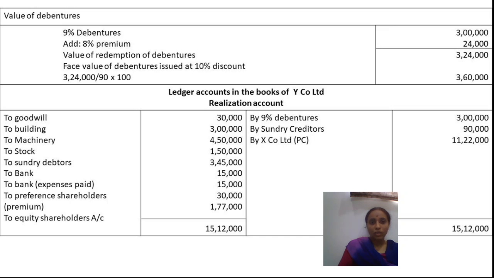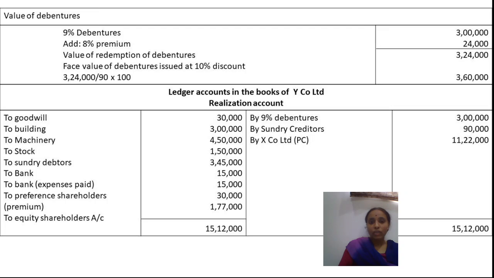So let us take all the assets of Y Company Limited. Goodwill is 30,000, building is 3 lakh, machinery is 4 lakh 50,000, stock 1 lakh 50,000, debtors 3 lakh 45,000. Taking into consideration the balance sheet values, cash is 30,000, but we have taken only 15,000 because of what is said in the other information.